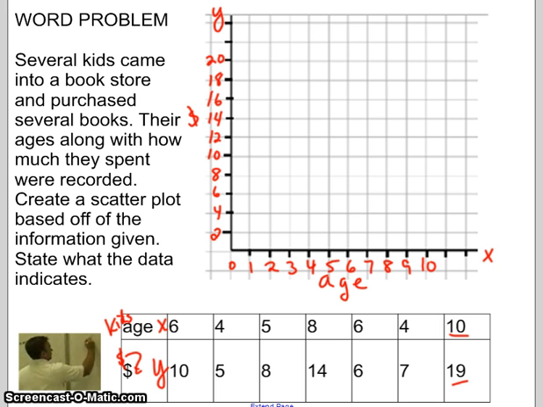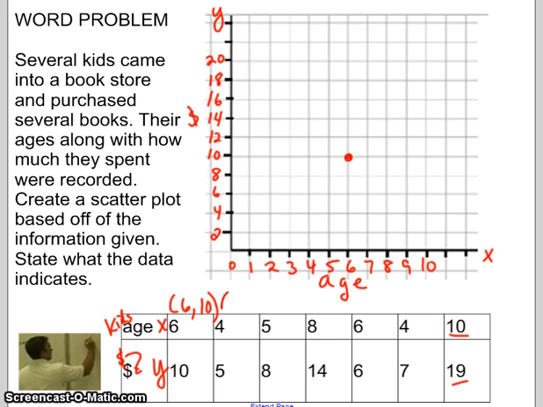As long as you use the same increments of units, it's fine. My first ordered pair, my x is 6, my y is 10. So I'm going to plot the point 6, 10, going to 6 and up to 10.